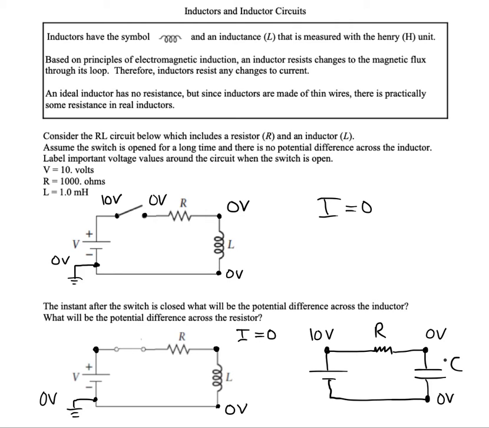With an RC circuit, current started flowing immediately. We're going to have 10 volts here, and we'll actually have 10 volts at this point as well. So all the potential difference initially is going to be across the inductor. That's one of the major differences between an RC circuit and an RL circuit.